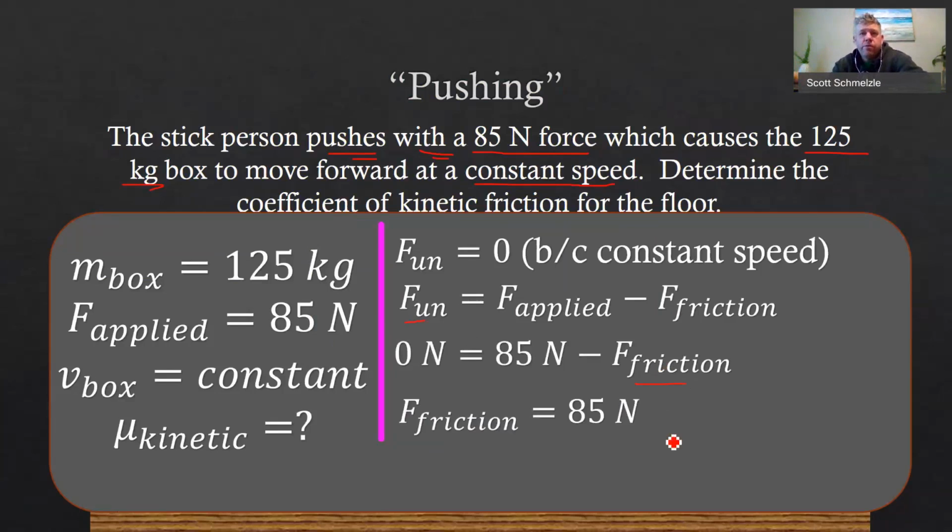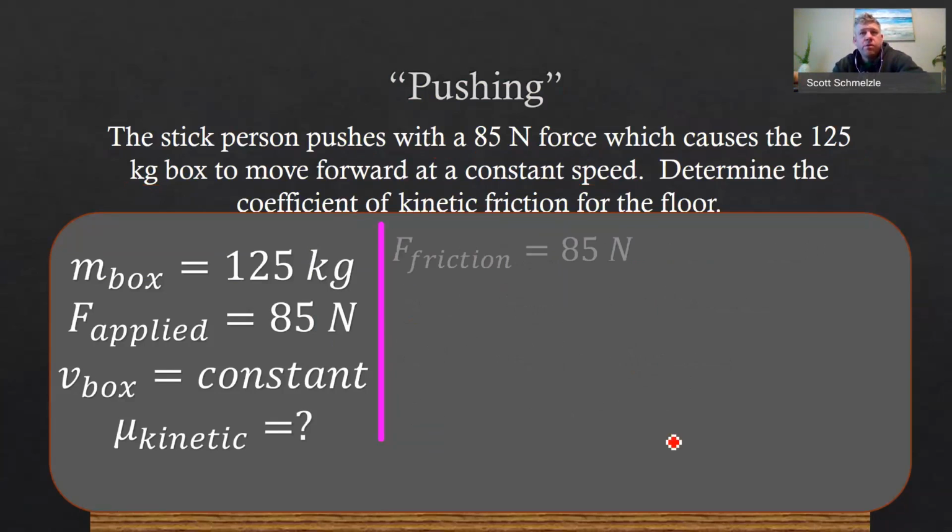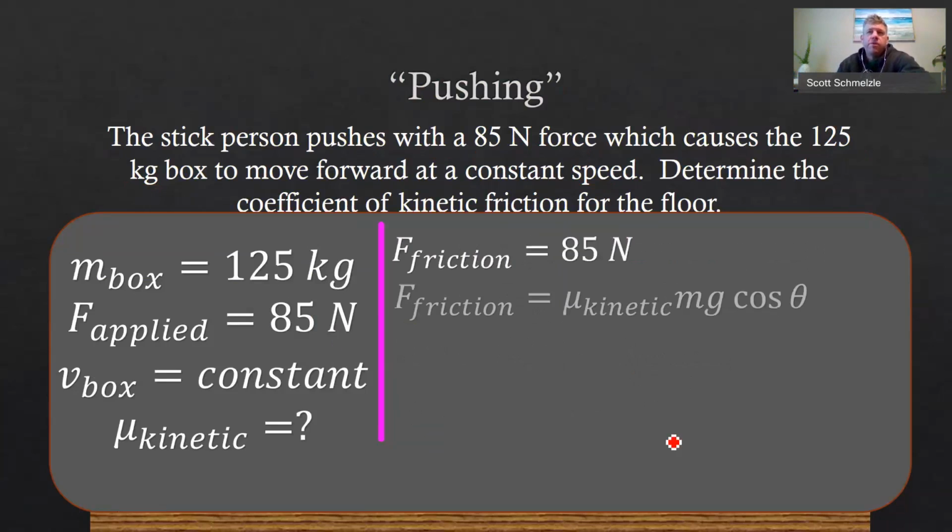By finding the force of friction, we can now start to work with it. Knowing our force of friction is 85 Newtons, we can plug that into mu of kinetic friction times mg cosine of theta. The beautiful thing about these is that you can assume this angle is likely zero unless it's explicitly stated in the problem.